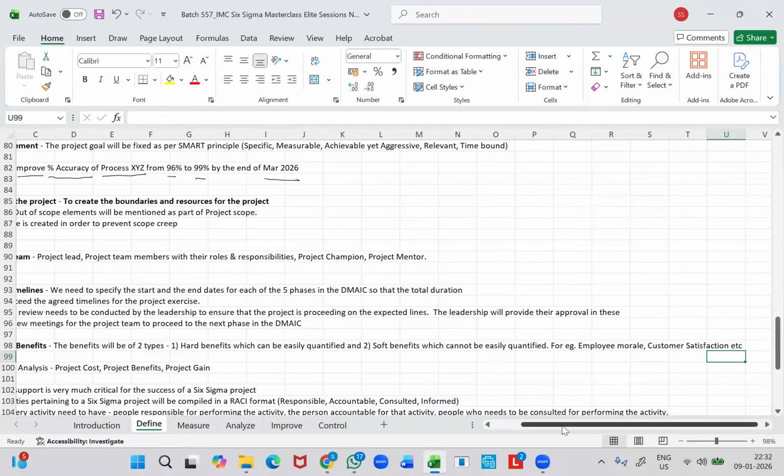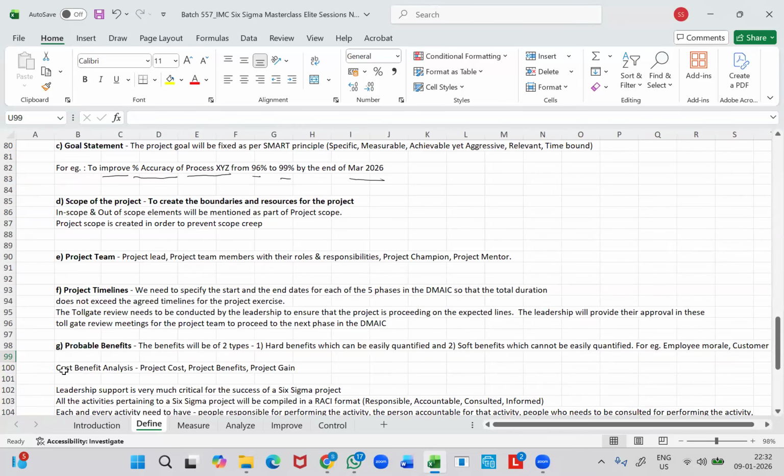And then we'll also come up with what is called the cost benefit analysis. Again, we will come up with an approximate cost benefit analysis. So we will come up with the project cost, the project benefits, and thereby the project gain will also get calculated. So this is something that we asked in the final assessment.